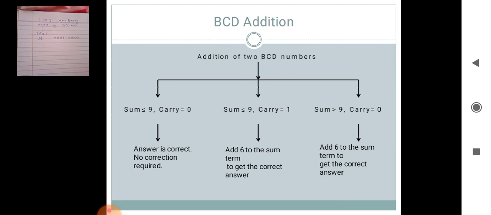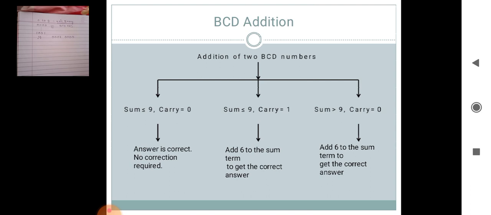Adding 6 means we take the 4-bit binary of 6 also, because we are representing all the numbers in 4-bit binary while doing the calculations. So if an invalid BCD comes in your answer, you have to add the binary of 6, that is 0110, to the sum, and then we get the correct answer, meaning a valid BCD.